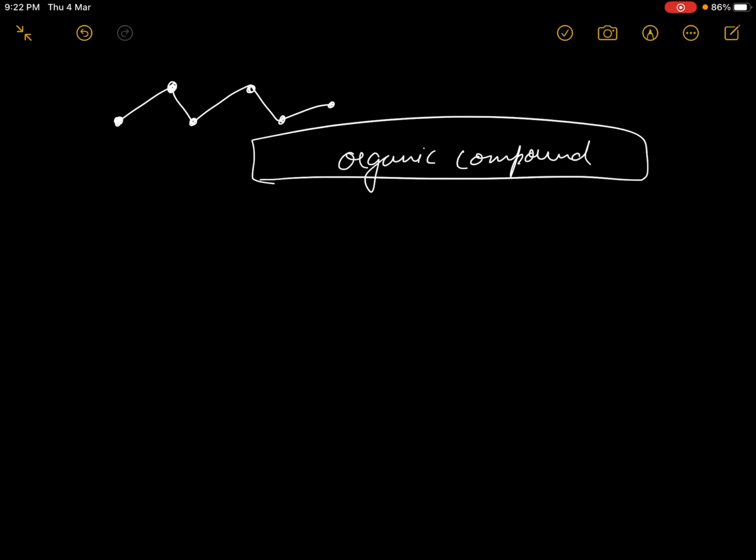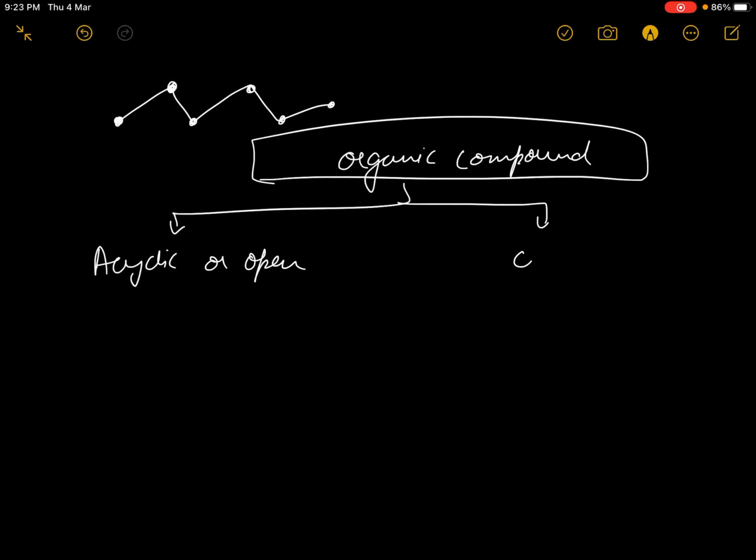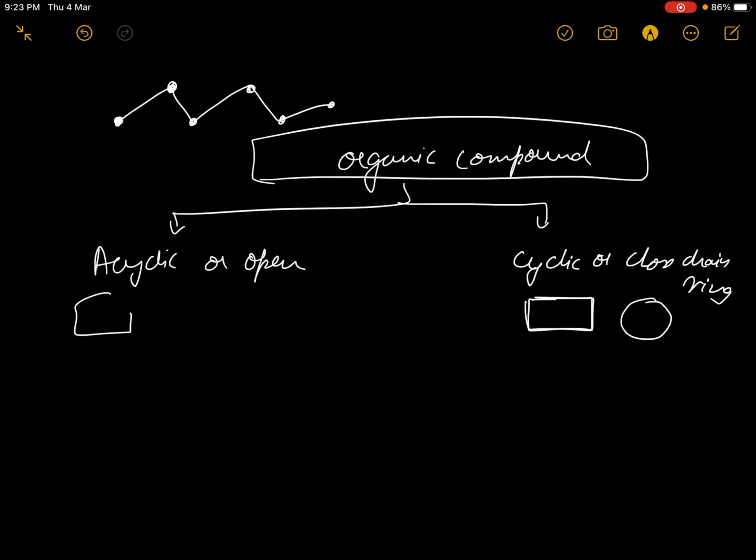These organic compounds are divided into 2 parts: the acyclic or open chain, whereas the other is the cyclic or closed chain or ring. There is something that is open and something that is closed. This is the cyclic form, this is the cyclic form.